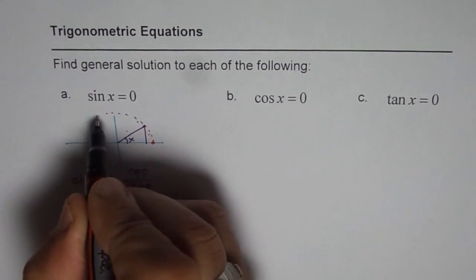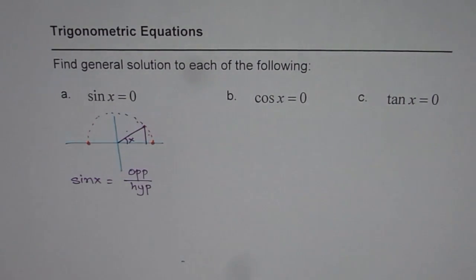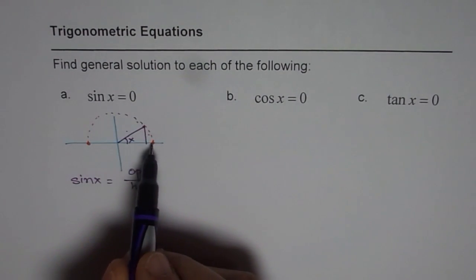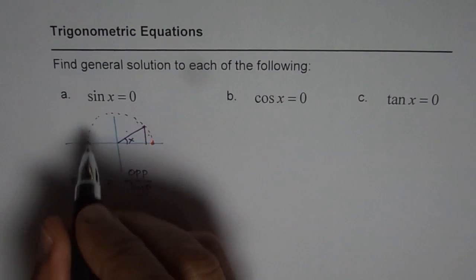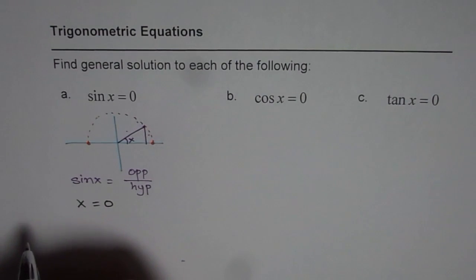So these x-intercepts will give zeros for sin x. So therefore, we do find that the sin x is 0 when angle x is 0. So we get sin x equals to 0, solution should be x equals to 0.